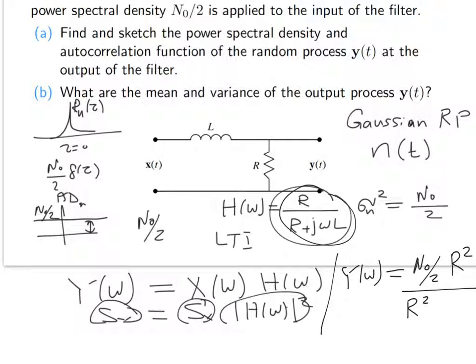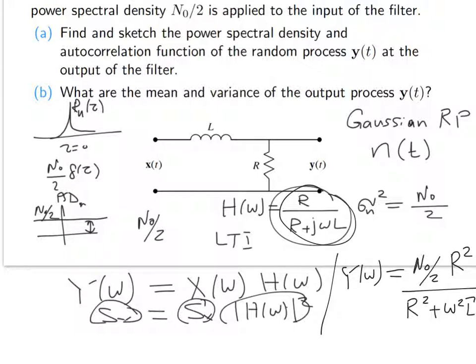R squared over omega squared L squared plus R squared. It's the magnitude only. R squared divided by omega squared L squared plus R squared. And we need to also take the square root. This is the magnitude only, not the square, without the square root. No, it cannot be. R squared. This is already squared, right? This is already the magnitude squared. No, it's only the R magnitude. R squared plus 2 omega L j.